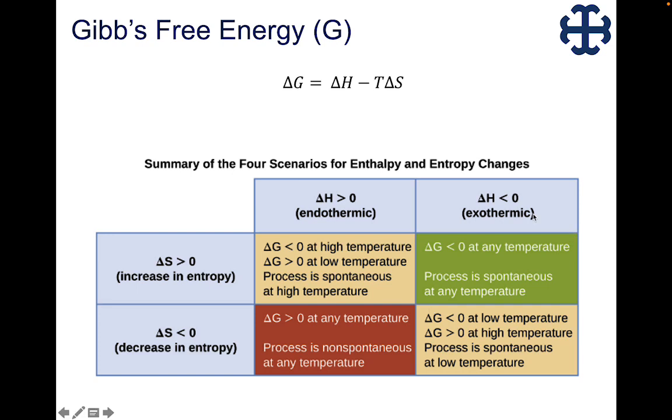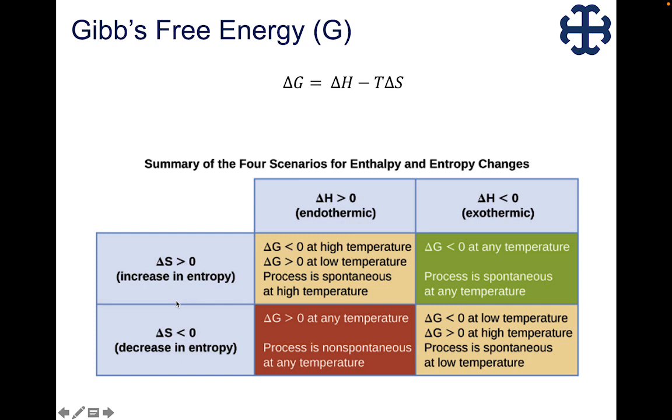So, for example, we already said if something is exothermic with an increase in entropy, it will always be favorable. The opposite is true then, where if we have a decrease in entropy for an endothermic process, that process is never going to be favorable. It's always endergonic. But where things get interesting are these yellow boxes here.